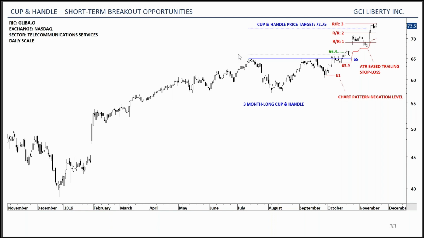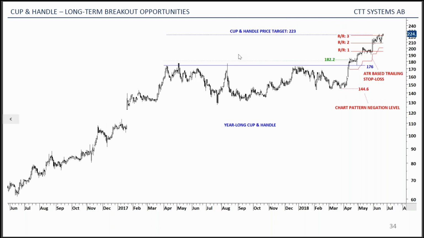The next chart was a weekly scale price chart, but now I opened the daily scale for trade management to see the breakout confirmation level and some kind of a logical point where you can place your stop loss. Now, chart pattern negation level with cup with handle, it's here, 144.6.